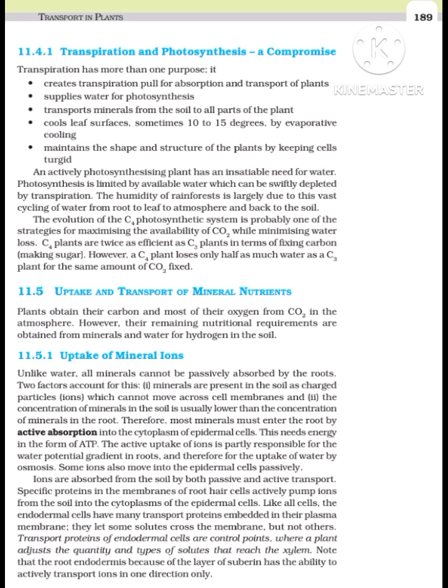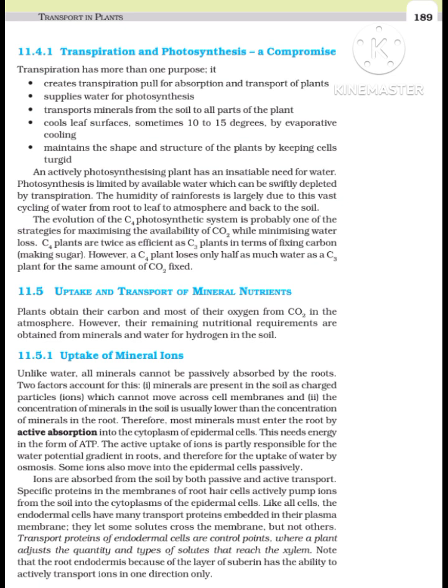C4 plants are twice as efficient as C3 plants in terms of fixing carbon dioxide, making sugar. However, a C4 plant loses only half as much water as a C3 plant for the same amount of CO2 fixed. 11.5 Uptake and transport of mineral nutrients.